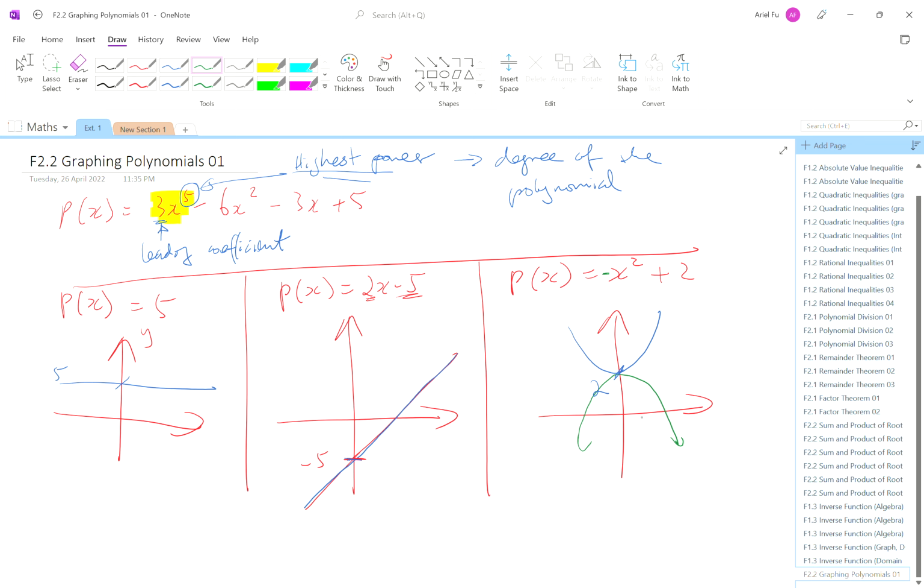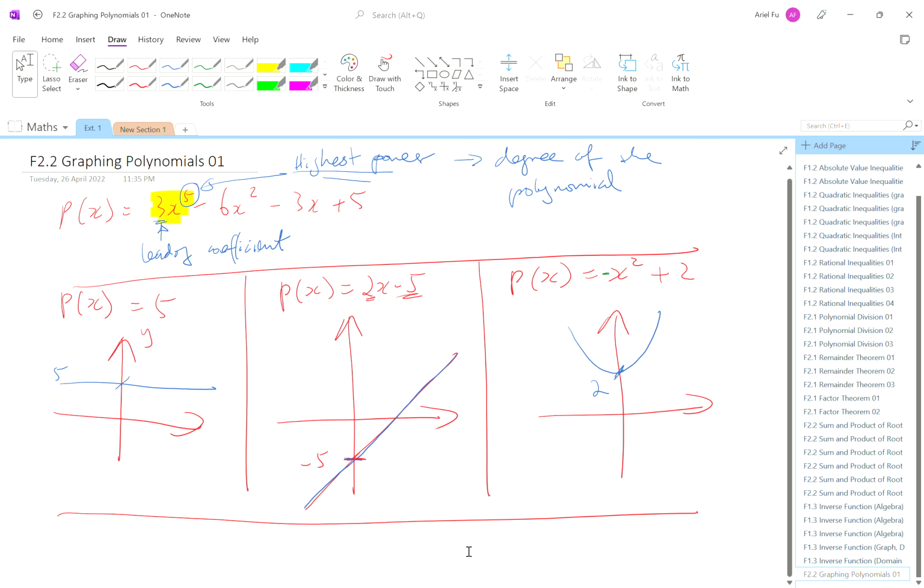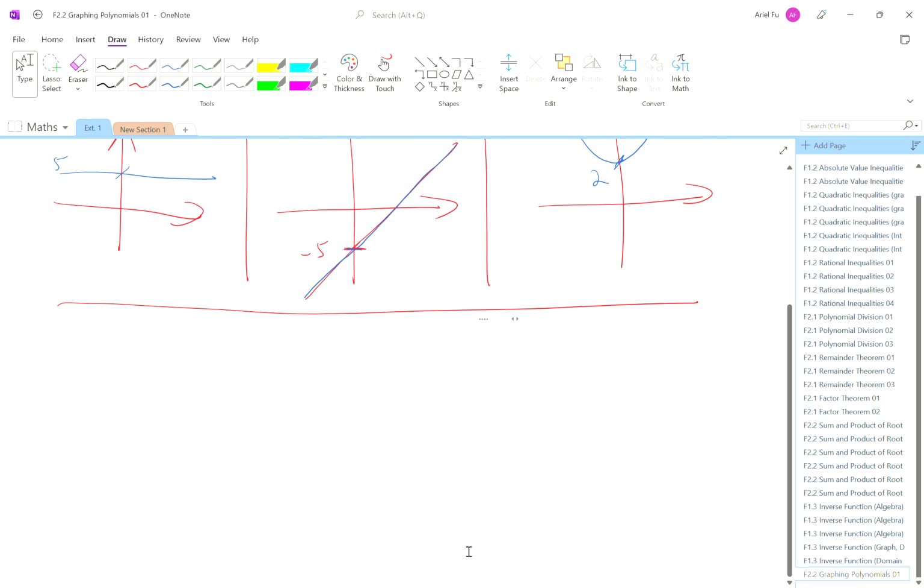Once we've done the general shape of it, we are going to look at higher degrees. We did a second degree; now we look at a third degree polynomial, p of x equals 6x minus 2 squared minus 2x plus 5, for example. That doesn't really matter.